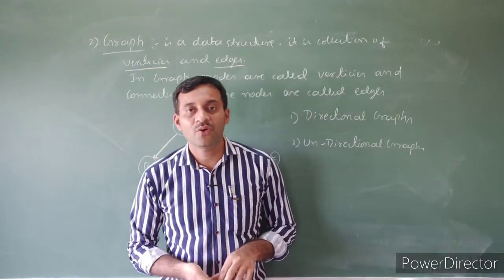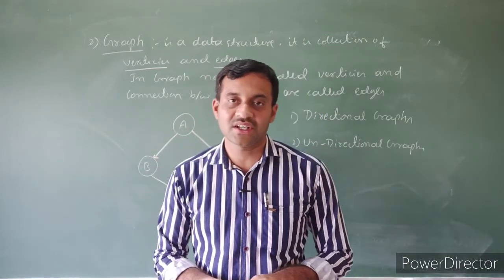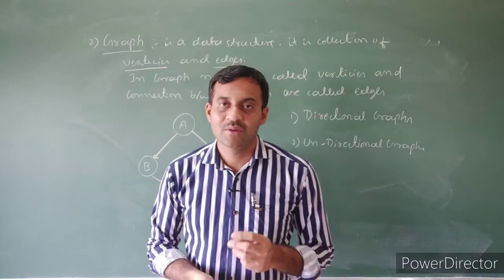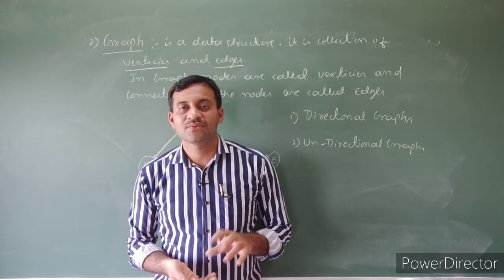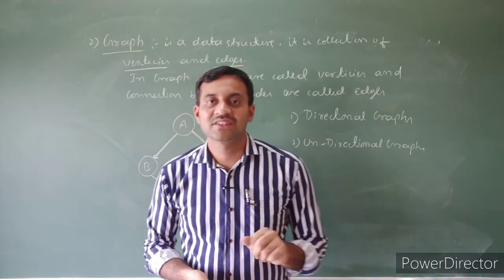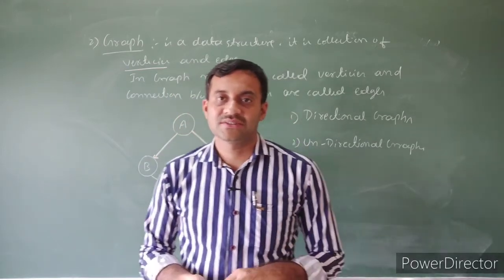These are the most complex data structures. Non-primitive data structures are again classified into three types: arrays, files and lists.